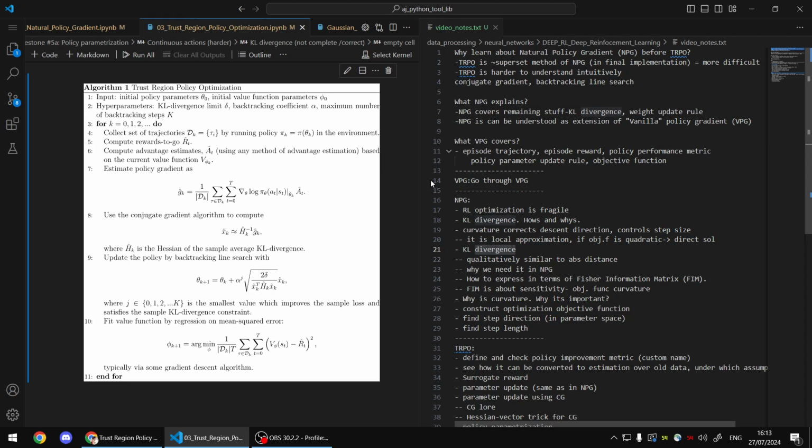And vanilla policy gradient is easy. Then we will go to natural policy gradient, and there we will derive most of the TRPO stuff, almost all. And probably in the next video we will talk about TRPO exactly. So this is our goal today: VPG and NPG. And so let's start with vanilla policy gradient.